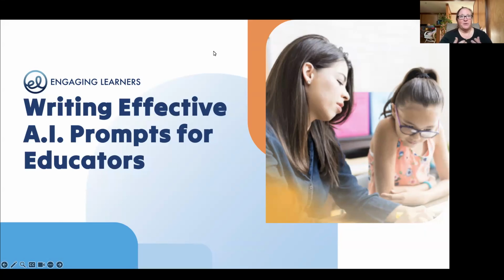And a vague prompt gives us generic or even sometimes wrong results, while a strong, specific prompt can save us hours and support much deeper learning. So that's why prompt writing is becoming a critical skill for today's educators, and as we'll talk about a little bit later, for today's students as well.